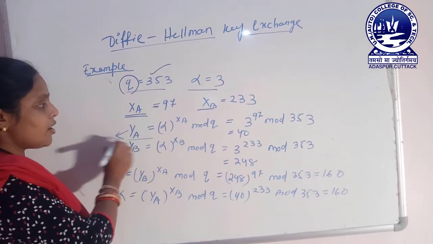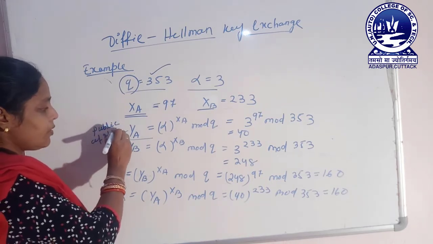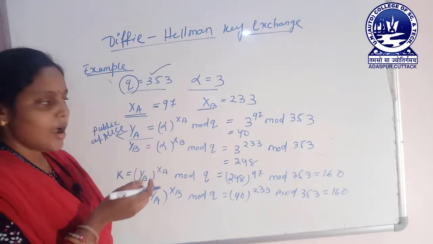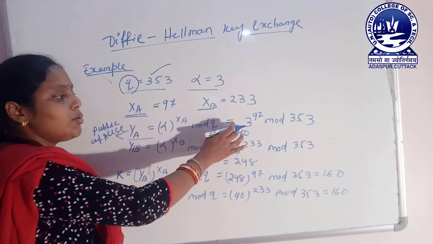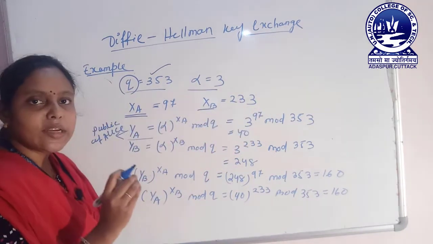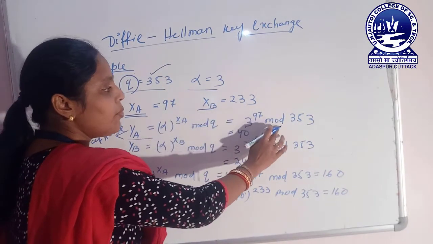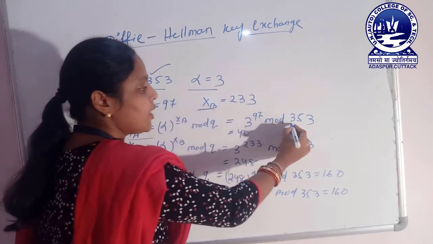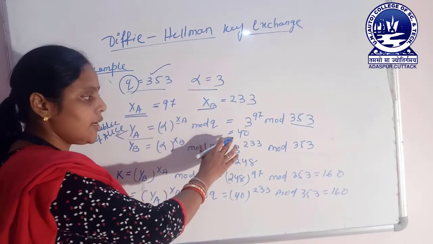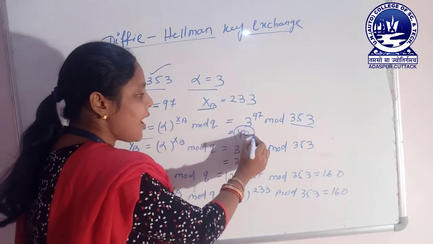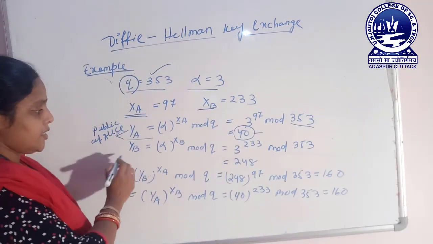Then next YA. Here YA is the public key of Alice, which is calculated by Alice, that is alpha to the power XA mod Q, which is equal to 3 to the power 97. That means the value of alpha is 3 and the value of XA is 97, then mod 353, which is the Q value. If you calculate this value, you must get the result 40. That means our YA value is 40. Then next YB.